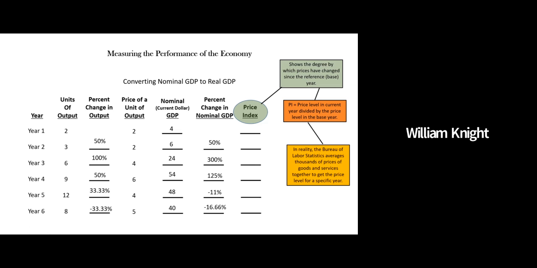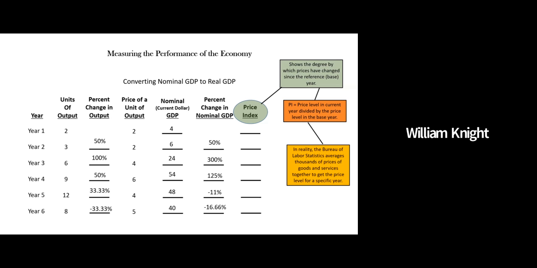Now, in reality, the Bureau of Labor Statistics, which is a part of the Department of Labor, averages thousands of prices of goods and services together to get the price level for a specific year. Now, the price level is just an average of a market basket of goods and services that are consumed. In reality, there are all kinds of price indices.